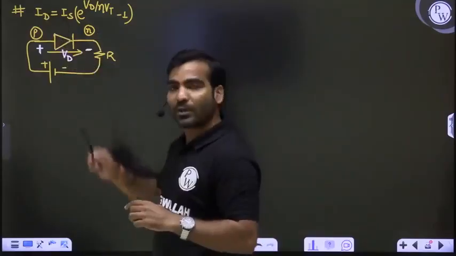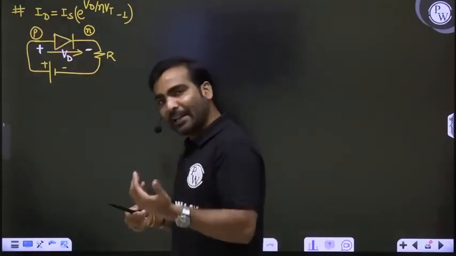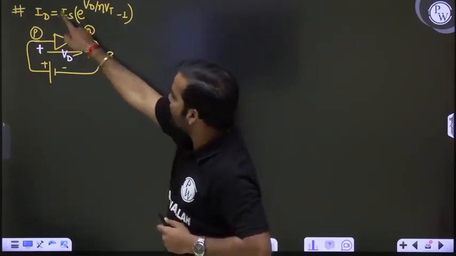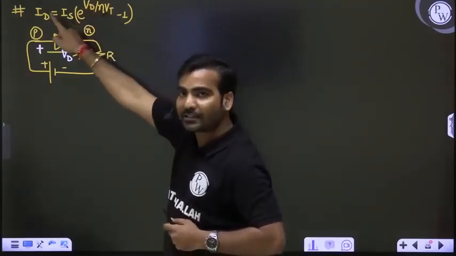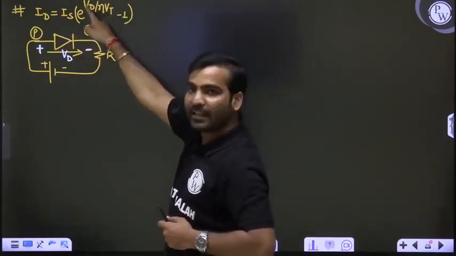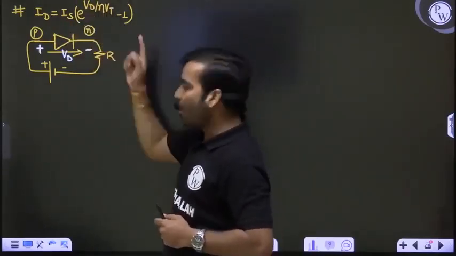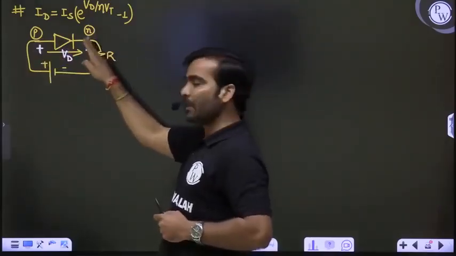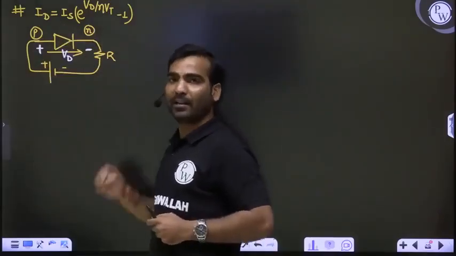And ID is also considered positive, flowing from p to n. So the meaning of this equation is that the ID direction is p to n. ID is positive when VD is positive, that is, when the p side has positive potential and the n side negative potential because of some battery.